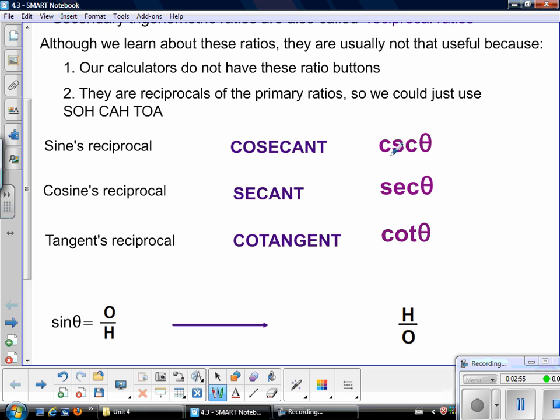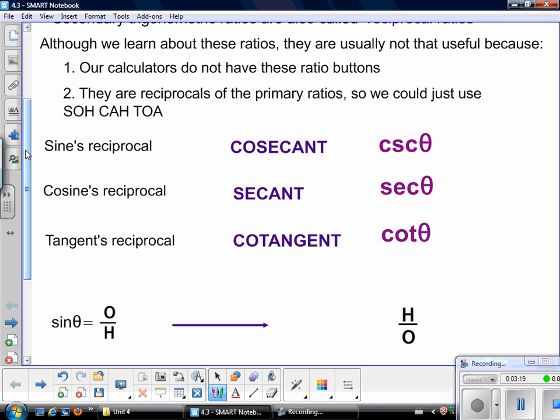So what I always looked at is that they took the sine and smushed it in between. That's just the way that I remembered it when I was in high school. You maybe have to come up with another way for yourself to remember. So the reciprocal for sine is cosecant, the reciprocal for cosine is secant, and the reciprocal for tangent is cotangent.